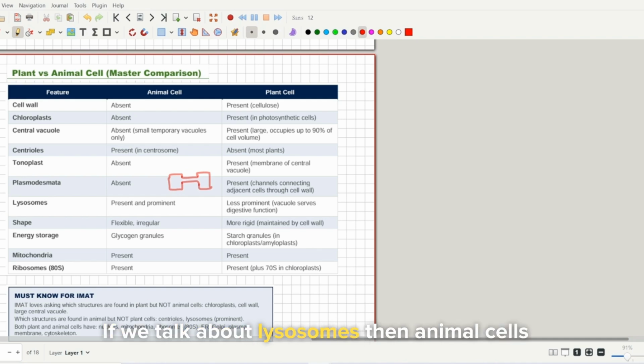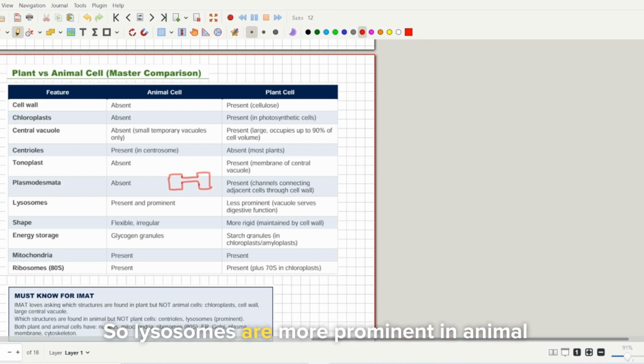If we talk about lysosomes, then animal cells have prominent lysosomes, while in plant cells lysosomes are not prominent. Actually, in plant cells, lysosomal function is carried out by the vacuoles. So vacuoles actually have digestive enzymes and a digestive function in plant cells.